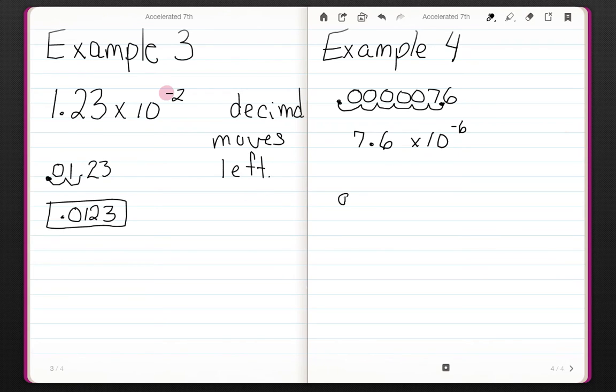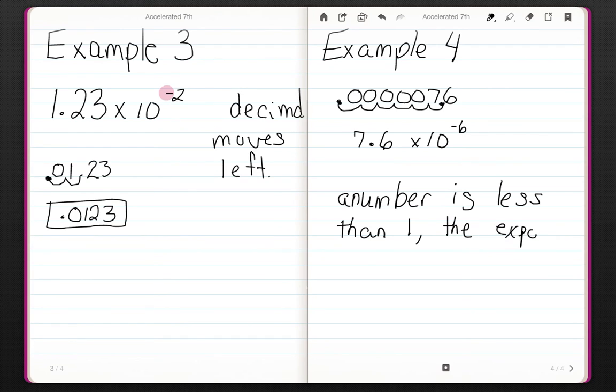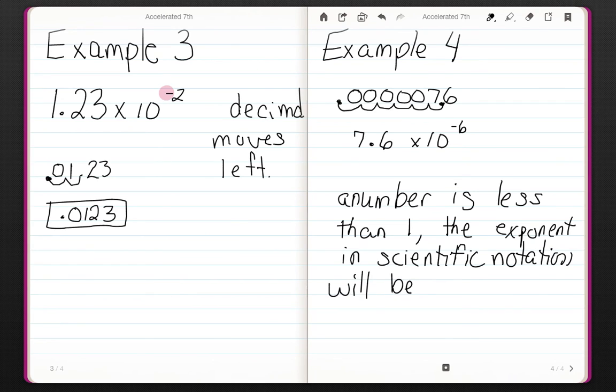So whenever a number is less than 1, the exponent in scientific notation will be negative.